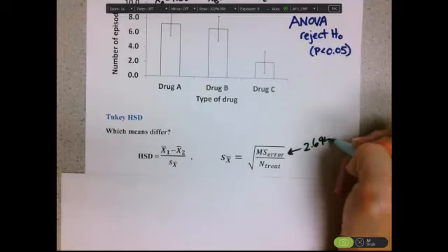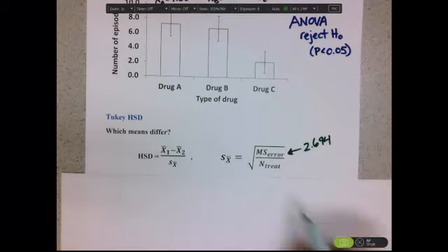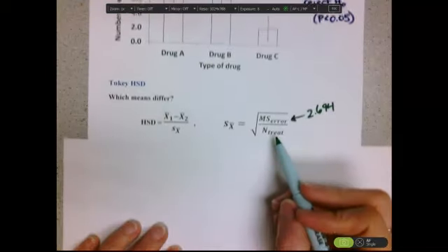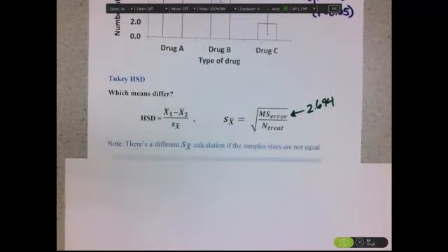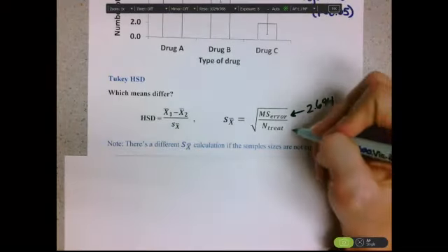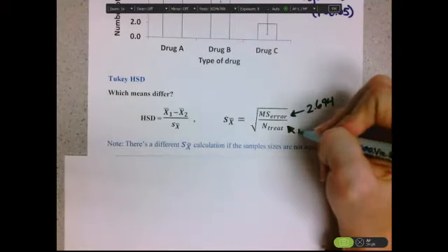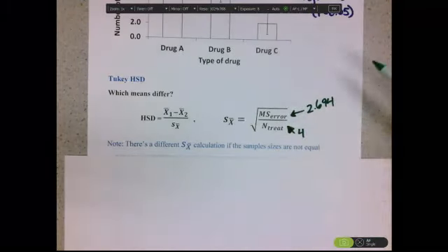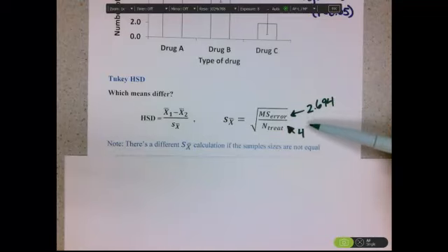And then this is the sample size of individuals in the treatments. In our case, the number of individuals in the treatments was always 4. There's a slightly different version that you would use for this calculation if your sample sizes are not equal, but for all of ours there were 4, so to calculate our standard error, it's 2.694 divided by 4 and take the square root of that.